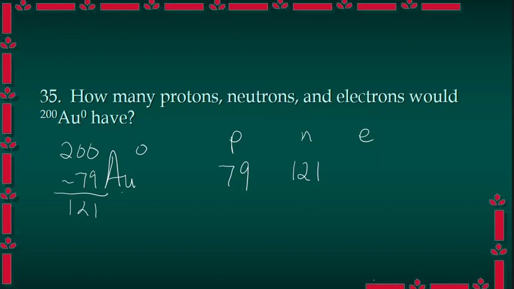Good job. Now, there's your clue. Nothing's changed. So if nothing's changed, it still would be 79. If there's a 0 there, that means nothing has changed. It has to be 79.